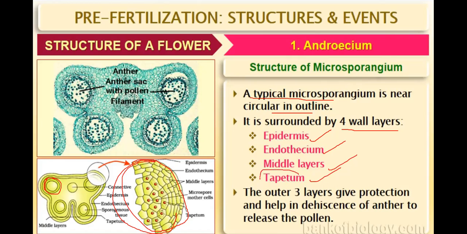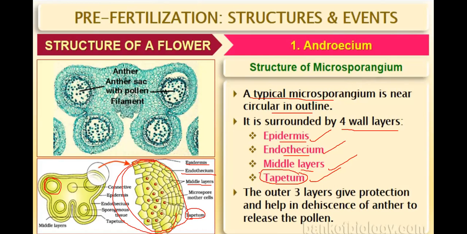Tapetum is the innermost and epidermis is outermost. The epidermis is followed by endothelium, then the middle layer, which may be 2 or 3 layers. Then the innermost layer is called tapetum.